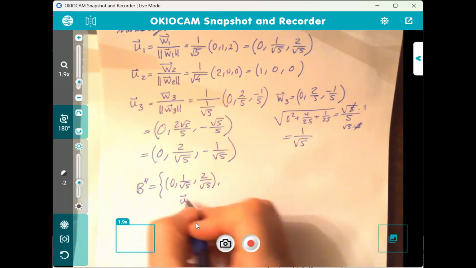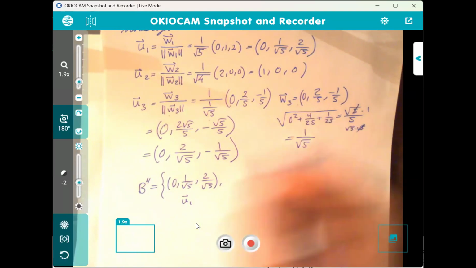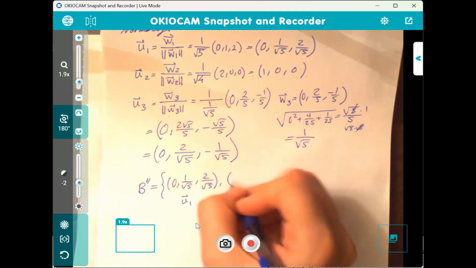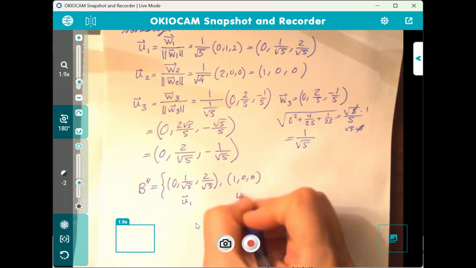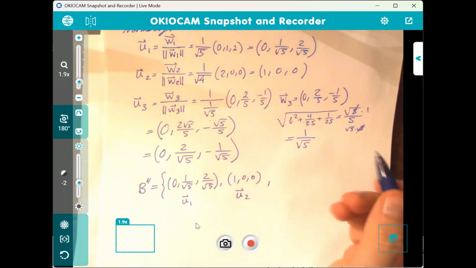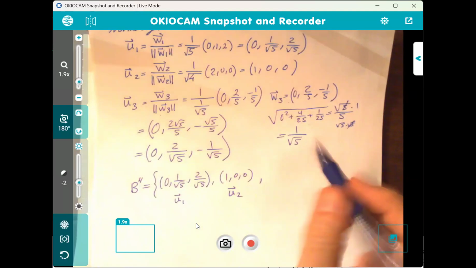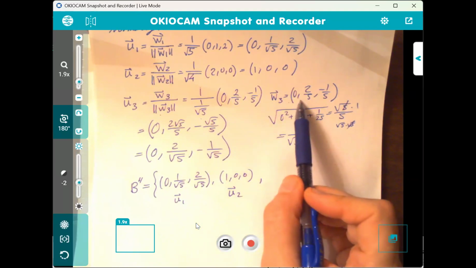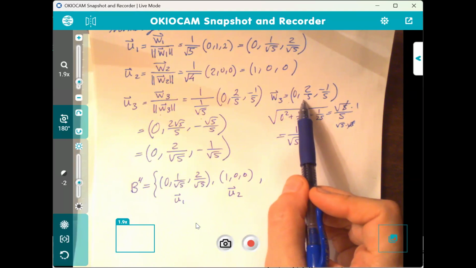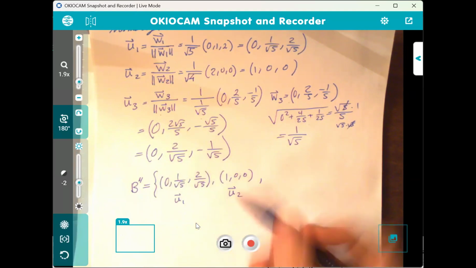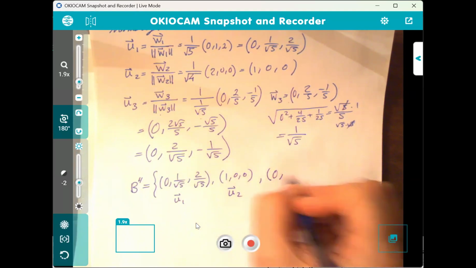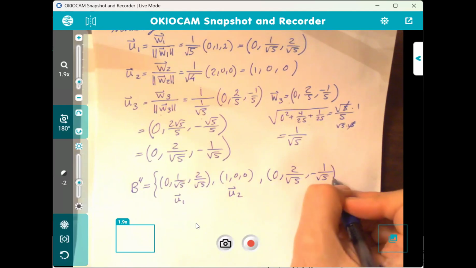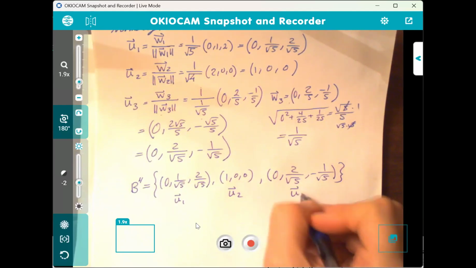This is U1. The second one we found, U2, was 1, 0, 0. This is the second normalized vector in the basis. And W3 was this one, which normalized into that. So it's going to be 0, 2 over root 5, and negative 1 over root 5. And this is our U3.